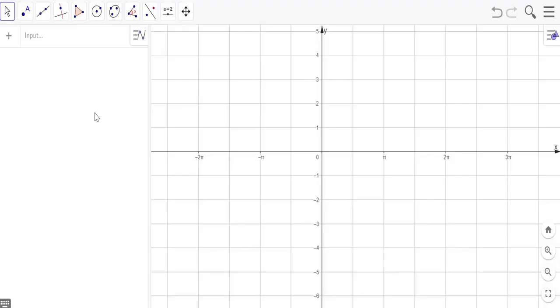Now I have opened GeoGebra Classic, and in this I'll first graph the two functions that I considered, and after that I'll evaluate the area. So first I'll graph the function f(x), which was sin x.